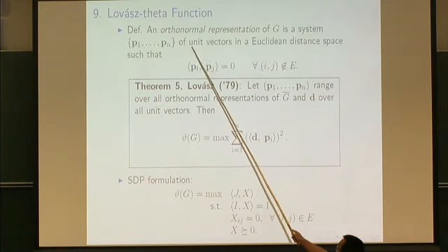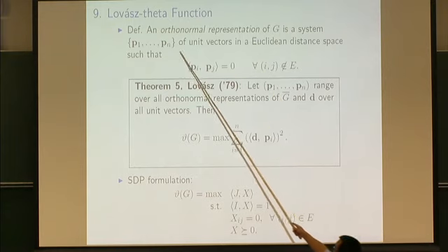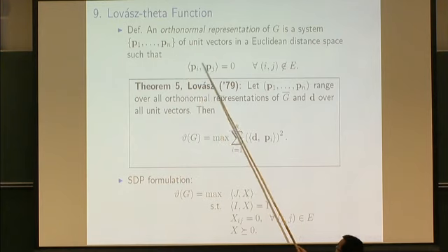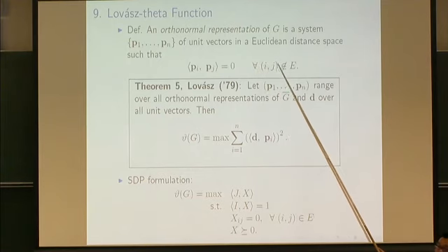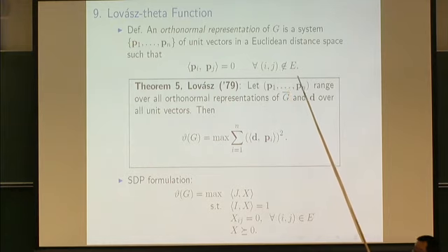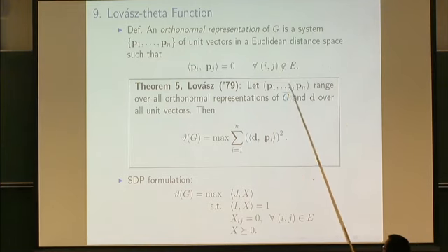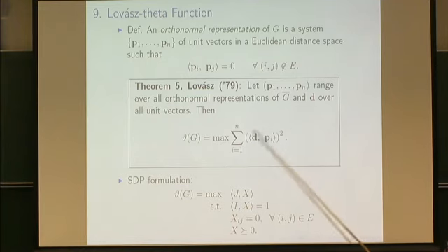He calls a graph's representation orthonormal if the points are unit vectors on a unit sphere, and they are orthogonal to each other if the edges belong to the complement of the graph. Then, if this is the orthonormal representation of the complement of the graph G, the theta function equals this inner product squared.